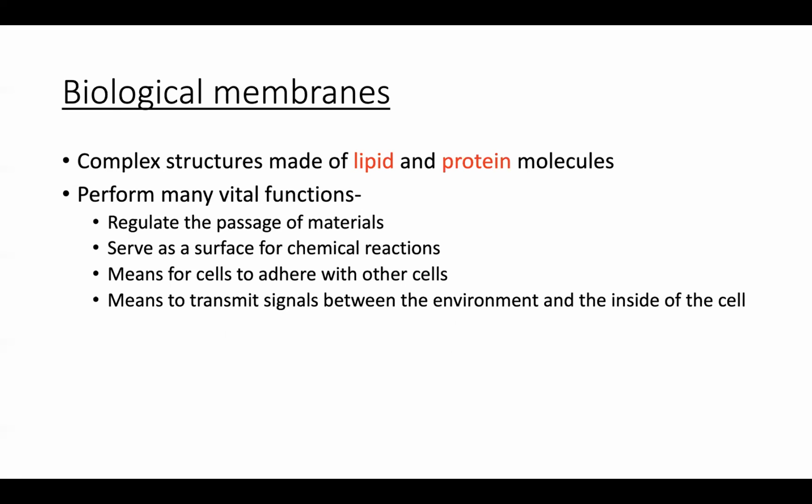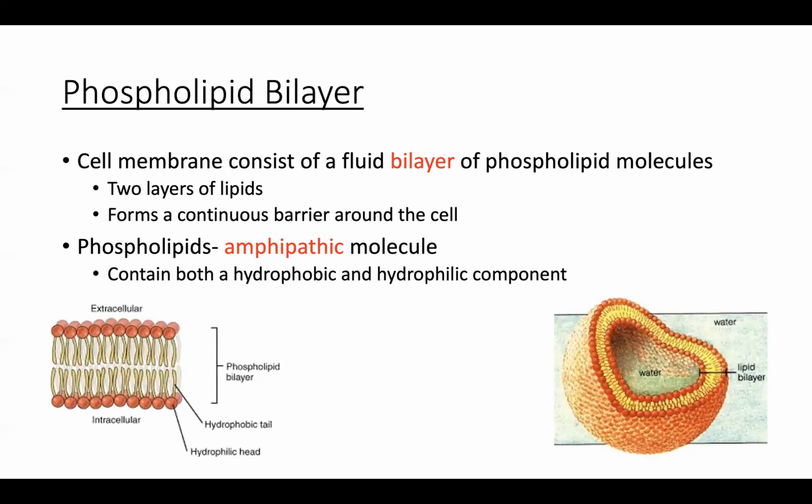Okay, so we've got cell-cell contact taking place at this membrane level. And then lastly, there's communication, right, between the inside of the cell and its external environment, right? So these biological membranes serve as a means to transmit signals between the environment and the inside of the cell. Okay, so signal transduction is another important characteristic of the membrane and its important role in sustaining living things.